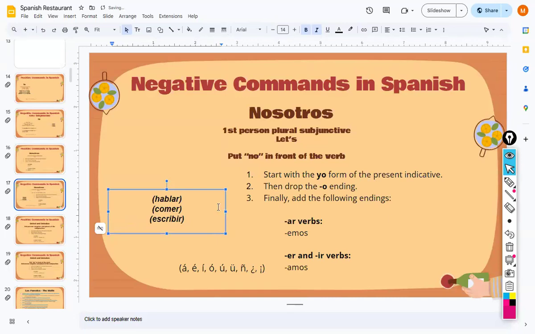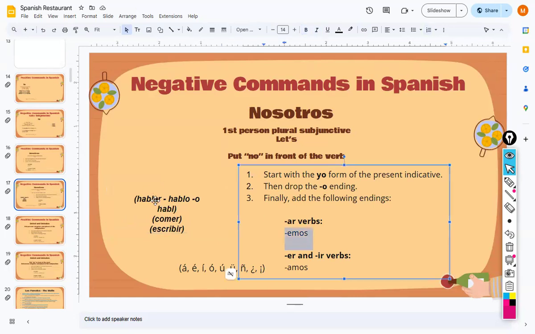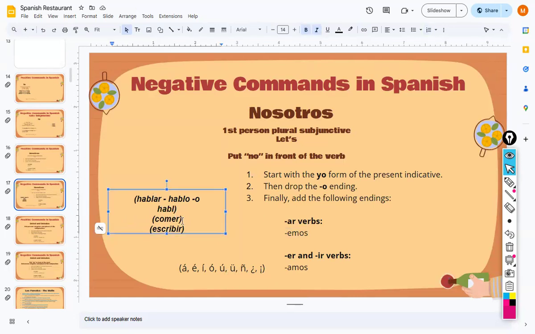Right, so we take the stem again from hablo, minus the O, so the stem is HABL. Plus it's an AR verb, so we add EMOS, right? Hablemos. And I've left out the no, which is the most important part of a negative command, right? So no hablemos.